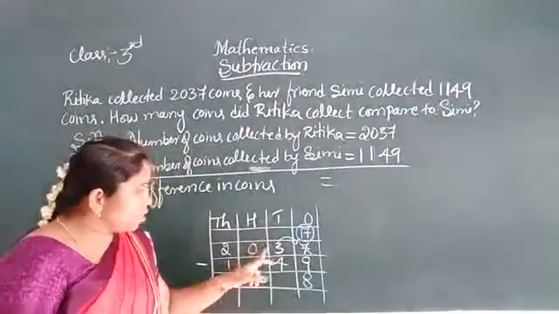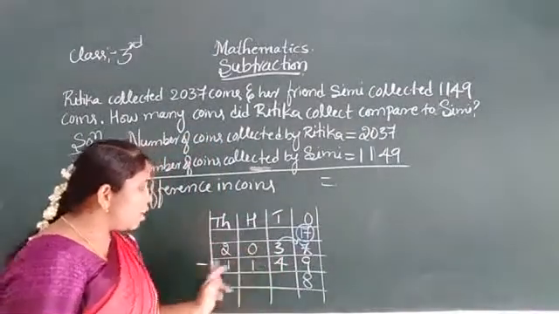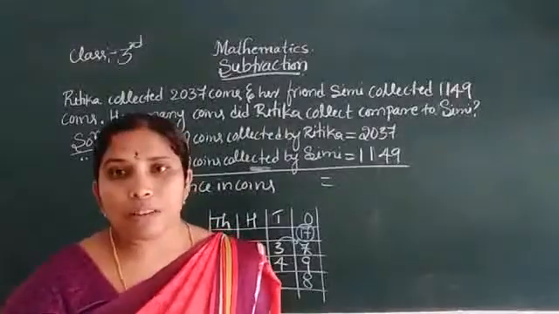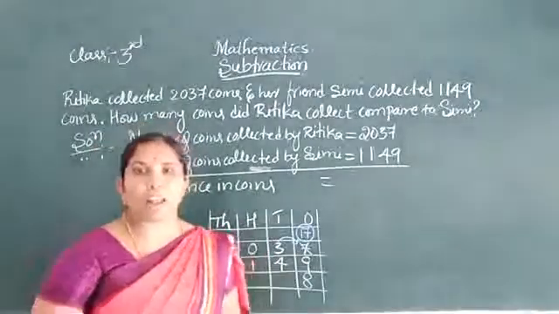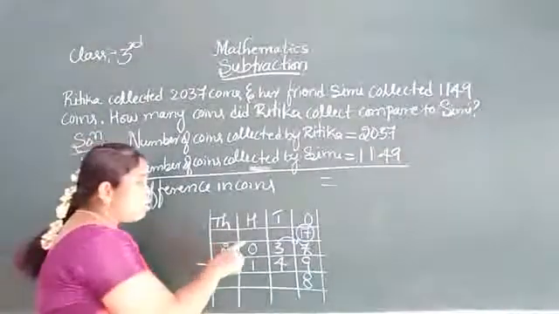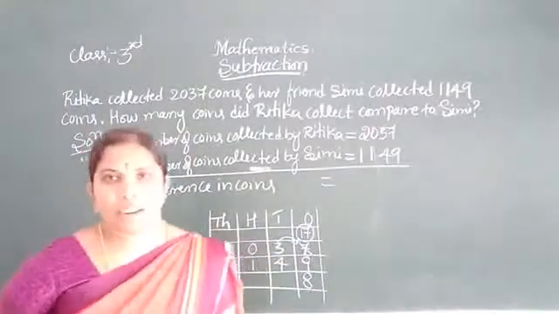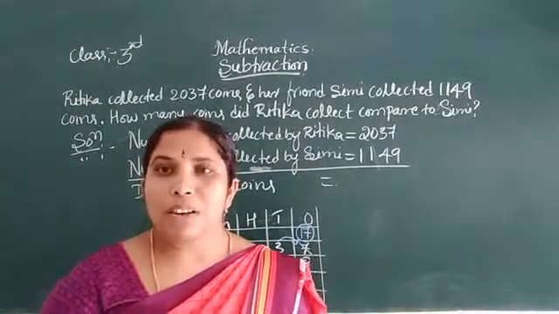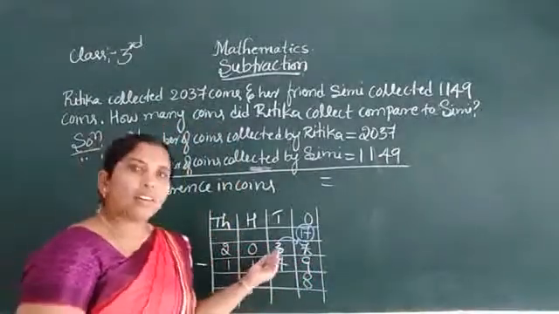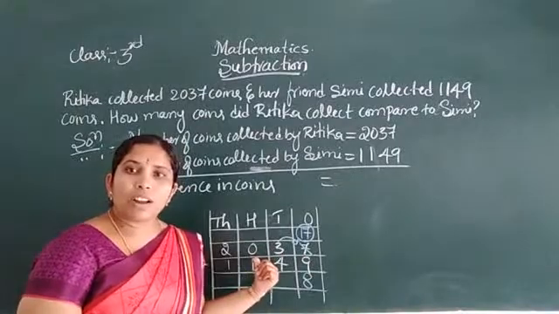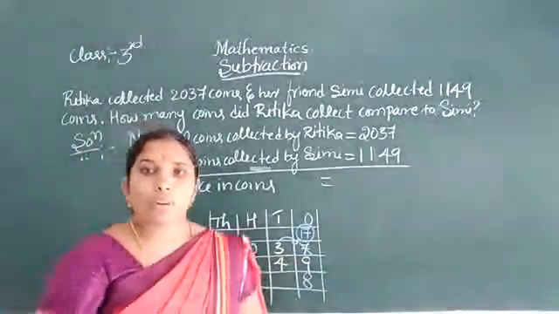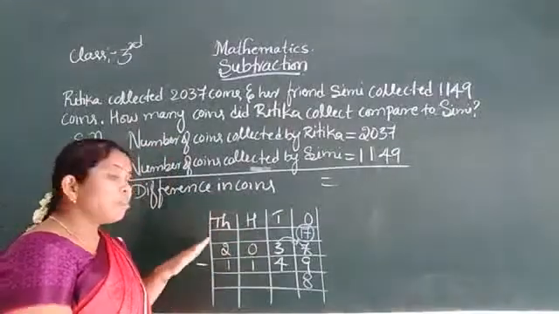Next, 2 minus 4, is it possible? No, it is not possible. So take a borrow from the neighbor digit. Here observe one thing: the digit is not there, 0 is there. So take a borrow from 2.